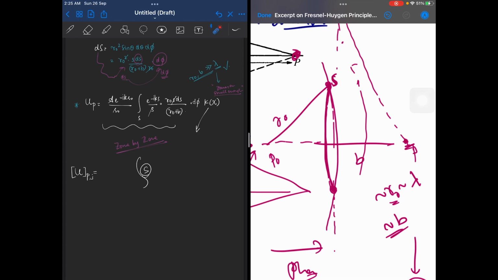If you take it like this, then it kind of disappears. Yeah, you can see this mathematically.